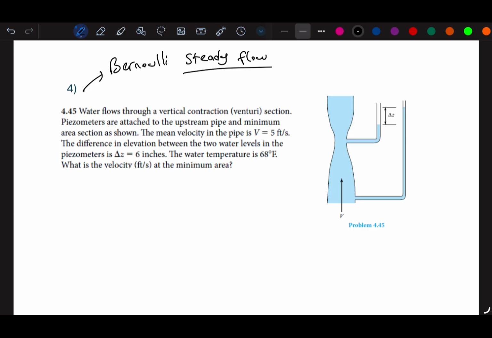This is the important thing to differentiate between Euler's and Bernoulli's equation, because steady means there is no change with time. In this question it says the mean velocity is 5 feet per second. So this means the velocity is not changing with time, so we have a steady flow, and this means we can apply Bernoulli's equation.